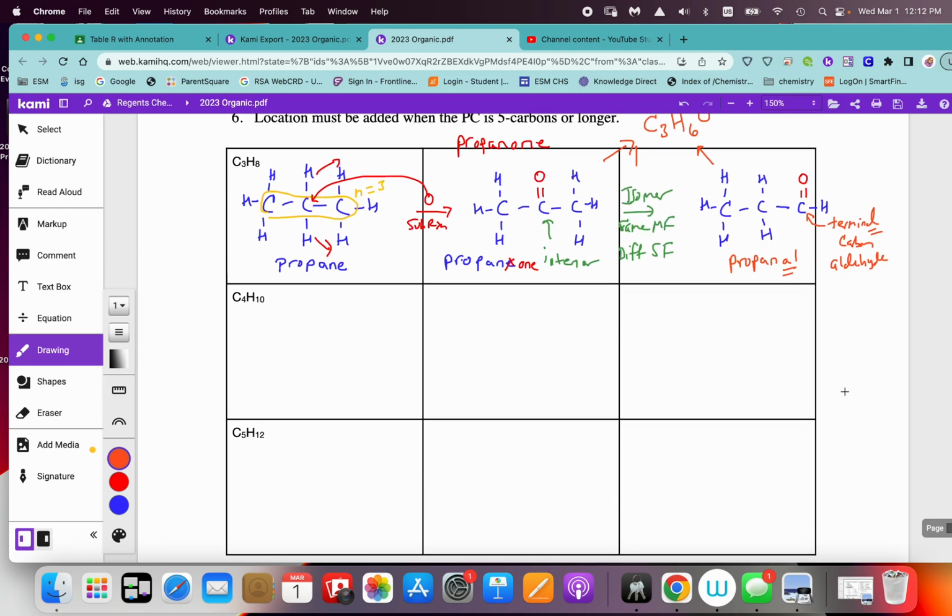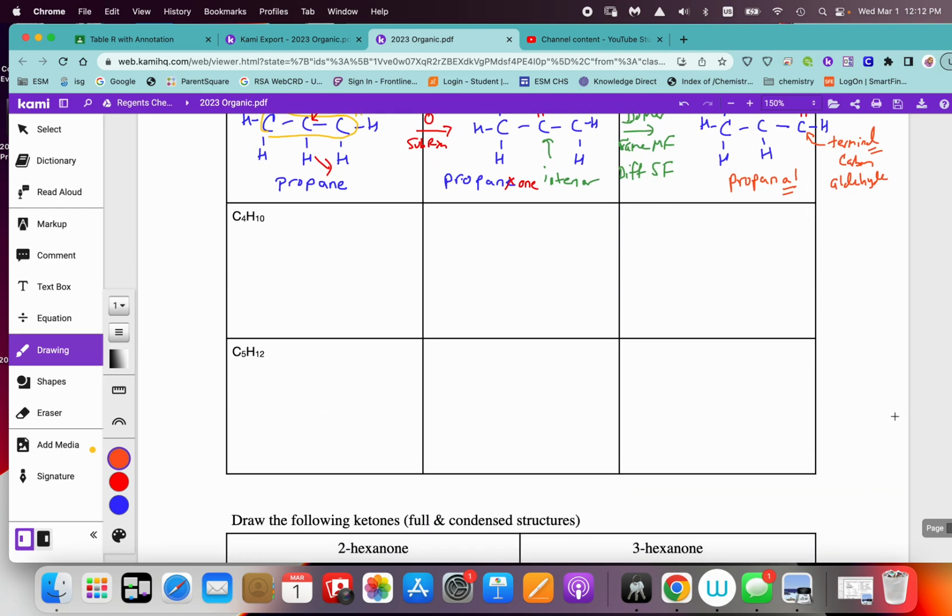So let's skip down to this one right here, the bottom one. So we're going to start off with a 5 carbon chain, 1, 2, 3, 4, 5. And if we put all the hydrogens on, I have to draw 12 hydrogens.